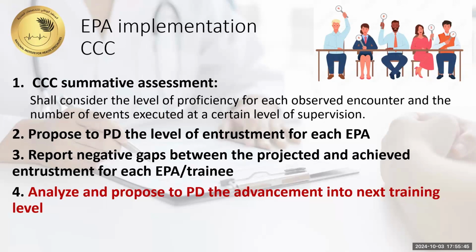And then analyze and propose to the PD the advancement into the next training level. So the CCC is a collective volume of supervisors' brains, very good faculty, who are keen to observe and collect all the information and then propose a decision to the PD.